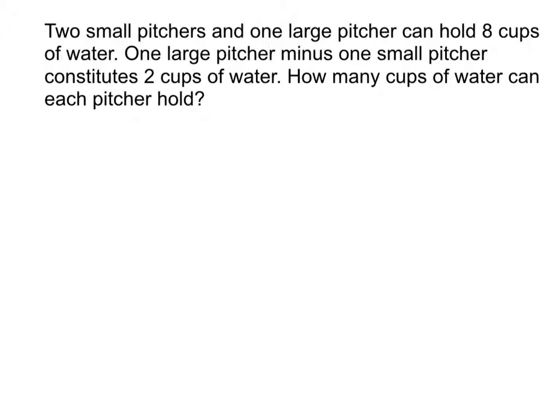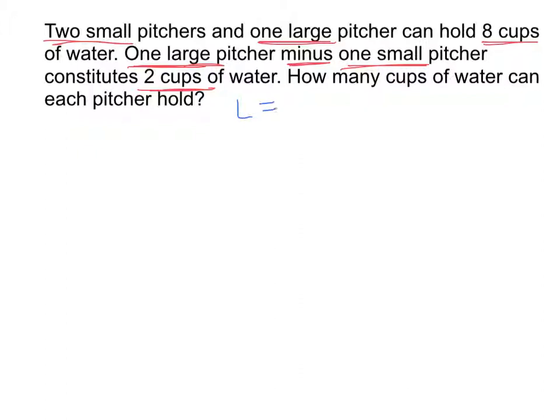So, 2 small pitchers and 1 large pitcher can hold 8 cups. And 1 large pitcher minus 1 small pitcher can hold 2 cups. How many cups of water can each pitcher hold? Alright, well the first thing we need to do is determine what our variables are.